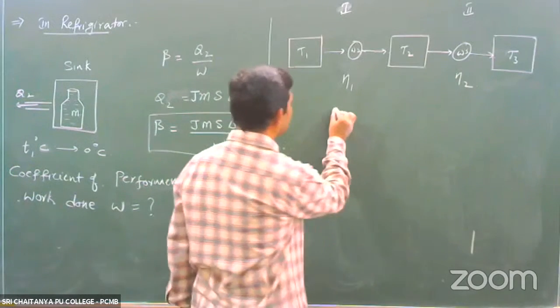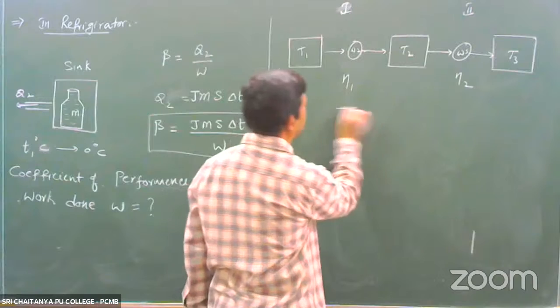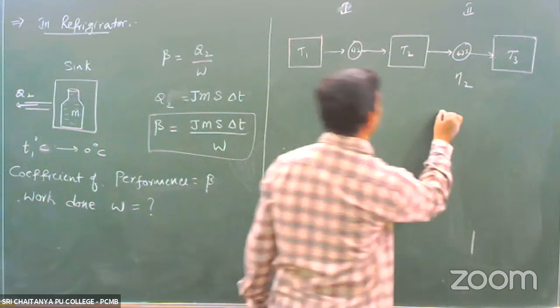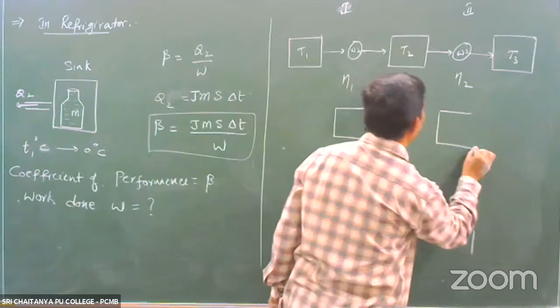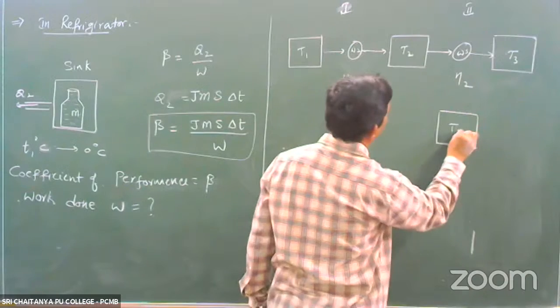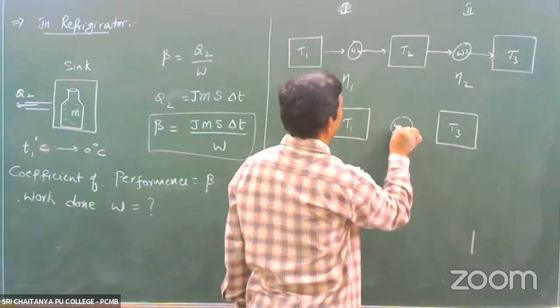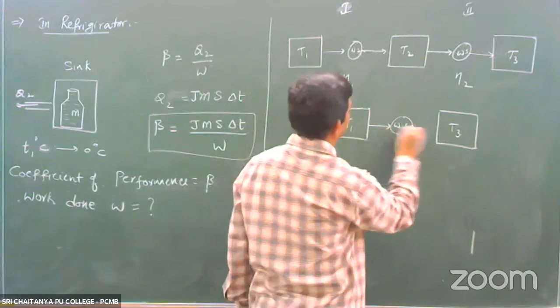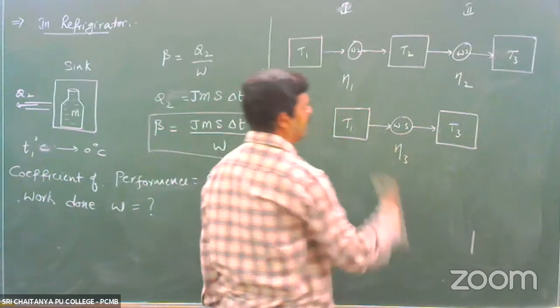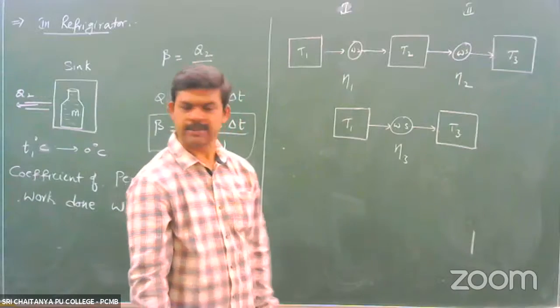Then, what is the efficiency of the heat engine which is operating between T1 and T3? Its efficiency is eta 3.